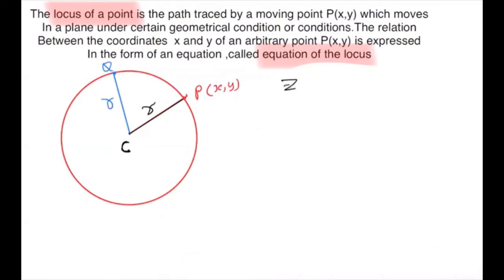If Z1 and Z2 are two complex numbers, then modulus of Z1 − Z2 gives us the distance between the two points representing the complex numbers Z1 and Z2.